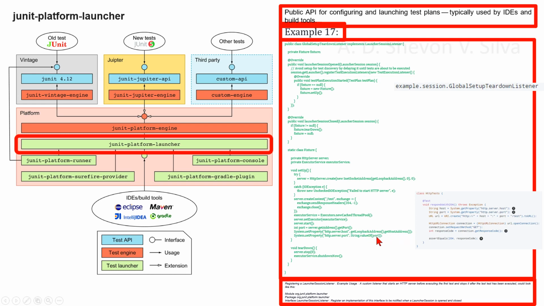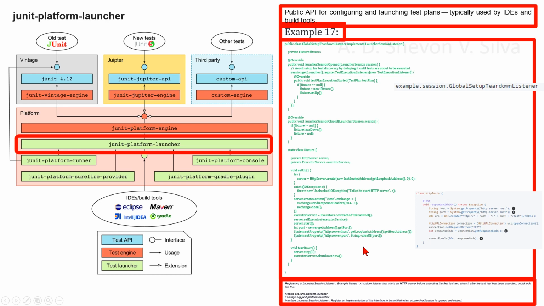Export its port as a system property for consumption by tests. Stop the HTTP server. This example uses the HTTP server implementation from the jdk.httpserver module that comes with the JDK, but it would work similarly with any other server or resource.